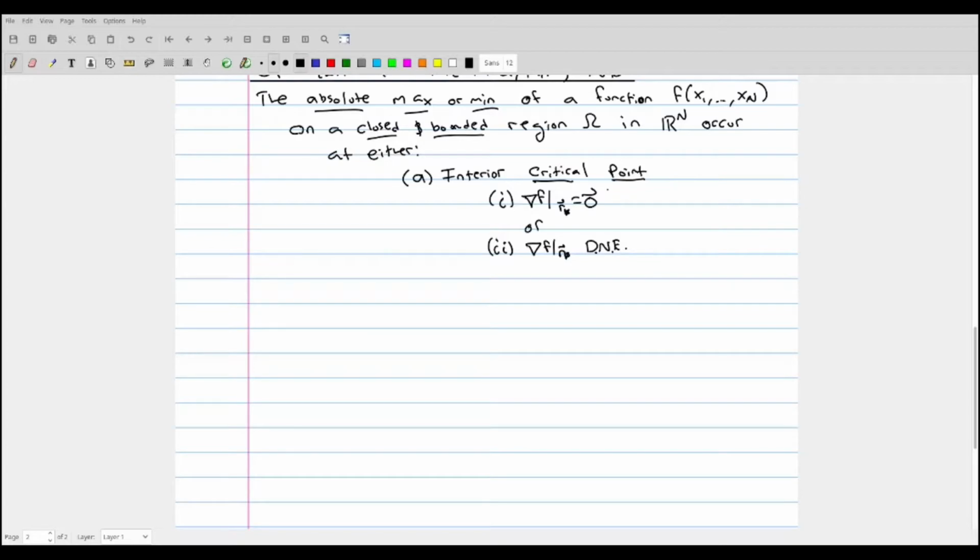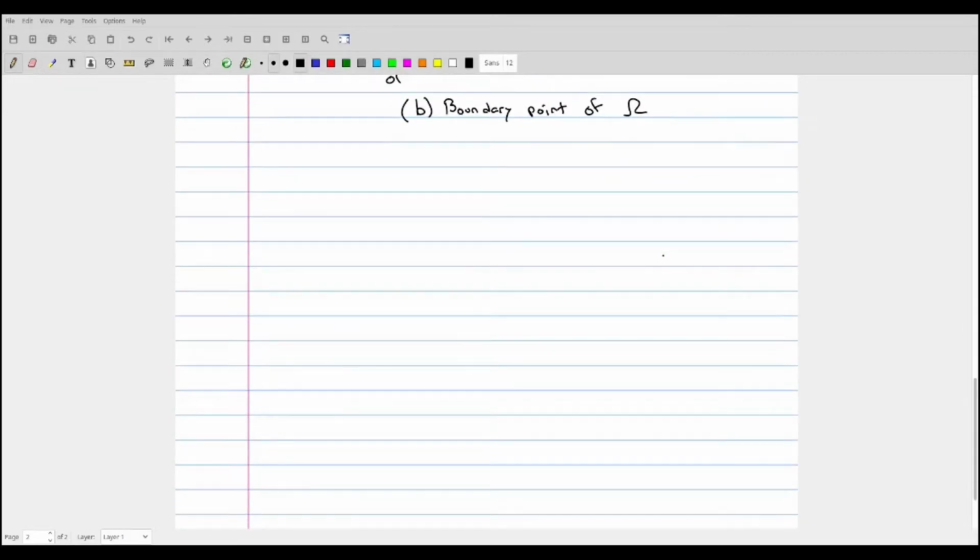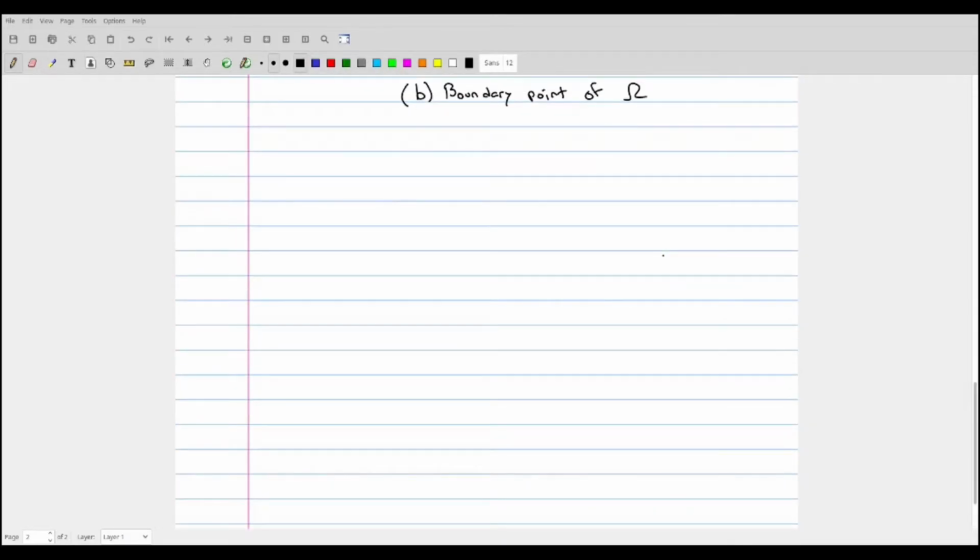So the absolute max or min of a function occurs either at an interior critical point or at a point on the boundary of this region. So a boundary point of the region omega. So this is our main theorem for optimizing functions of more than one variable.